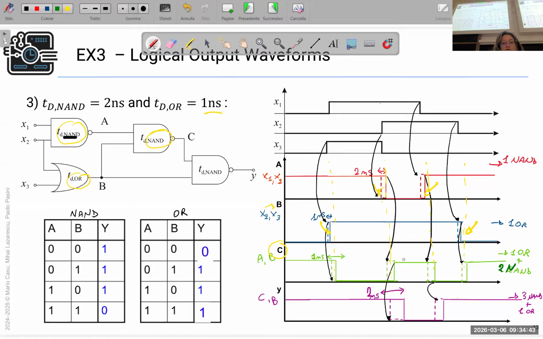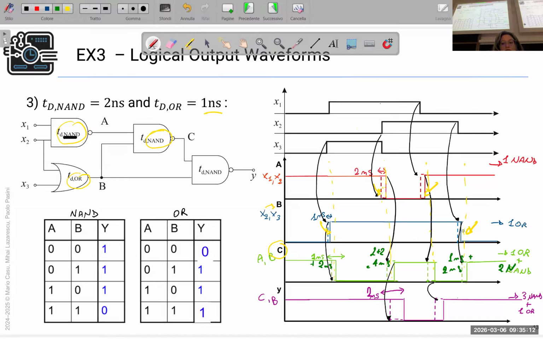And so the total delay here is 1 plus 2 nanoseconds. Here is a delay made by the NAND, so 2 plus 2, so 4 nanoseconds. Here there is a delay given by this, so 1 plus 2 nanoseconds, right?